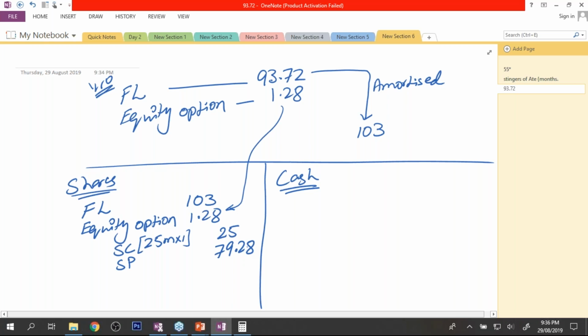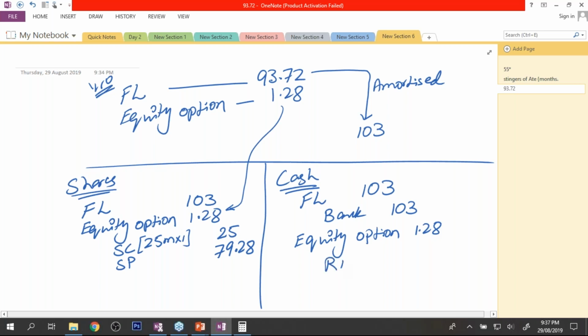But if they ask us for cash, we are going to pay them 103 only, because this is what we had promised if they take the cash. But what about the equity option of 1.28? Because they took the cash, their option has lapsed, been cancelled.